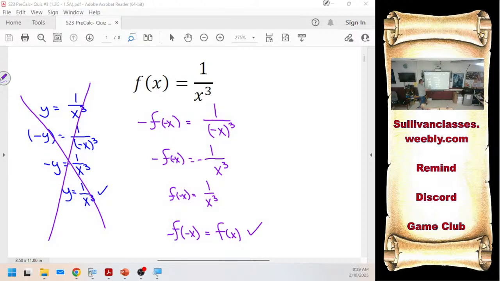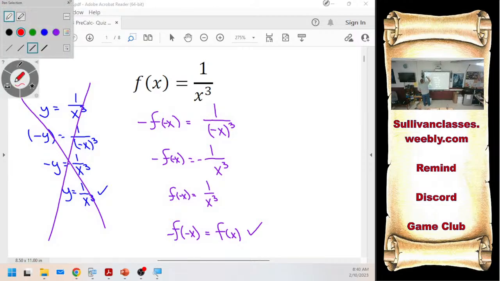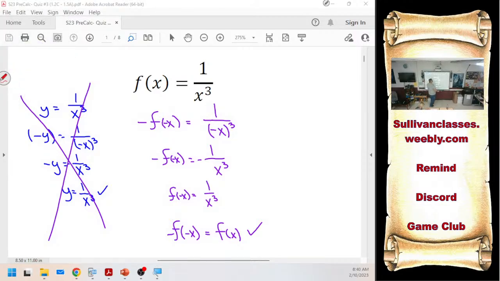Okay. So Jacob says he's going to put in 3. F of 3 is 1 over 3 cubed. So if I put in a 3, I'd say f of 3 is 1/27th. I have shown that 3, 1/27th is on my graph.